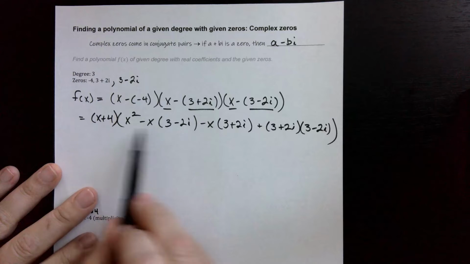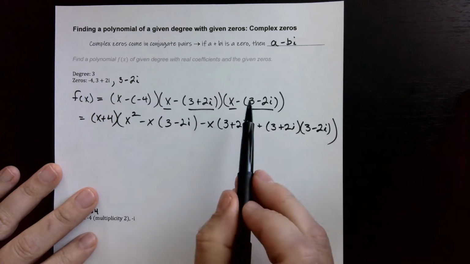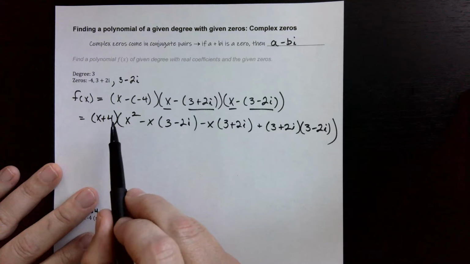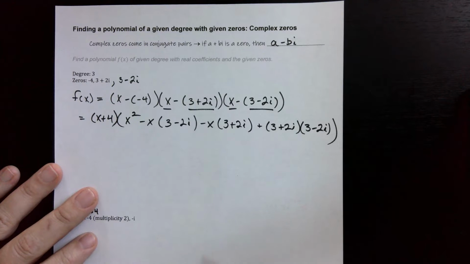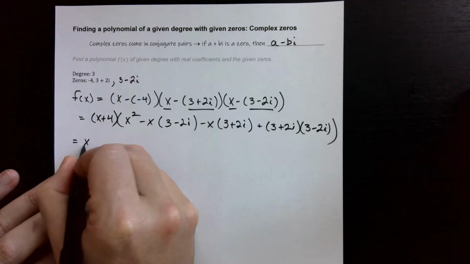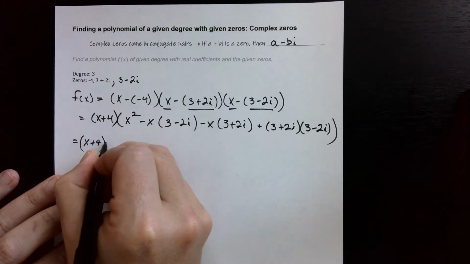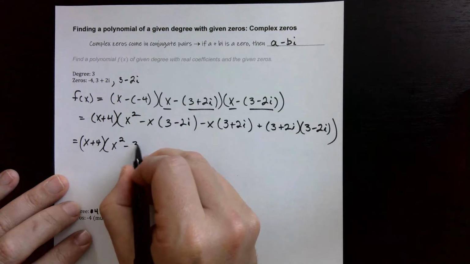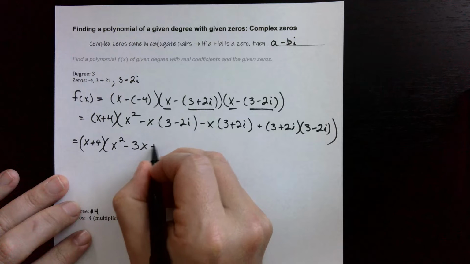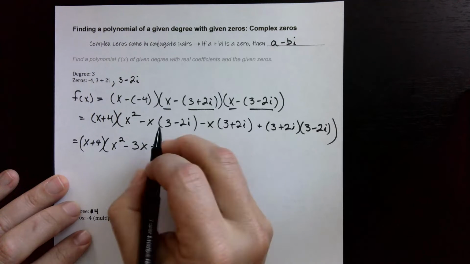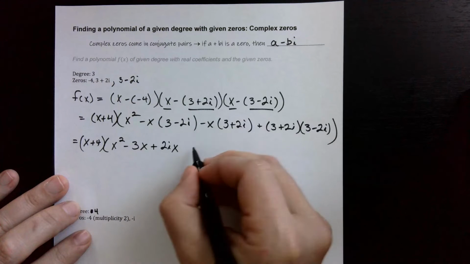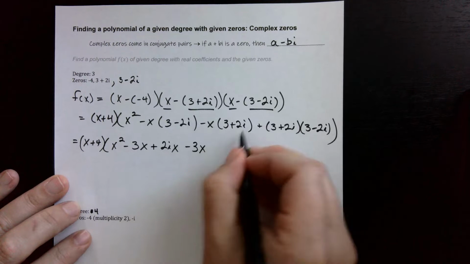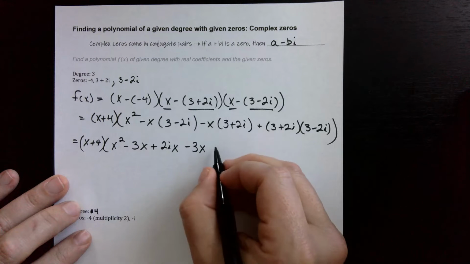This whole thing is being multiplied out, and this x plus 4 is from here. Let's distribute some more. There's the x plus 4, we haven't dealt with it yet. We have an x squared, negative 3x, positive 2ix, then negative 3x and negative 2ix.